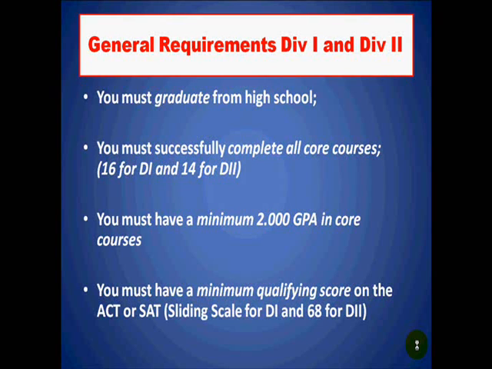What that means is you take the four different aspects of the ACT, and you combine all of those scores together to get that total. Basically, a 68 total equates to a 17 composite. So the minimum that you need to be able to play Division II football or baseball or anything is a 2.0 GPA and a 17 ACT score.